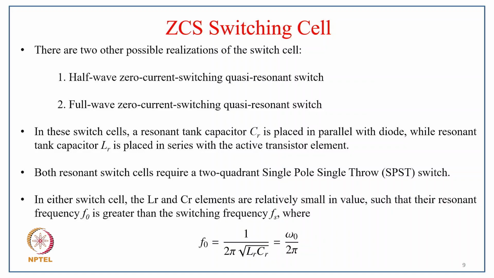Both resonant switch cells require a two-quadrant single pole, single throw switch, and in either switch cell, the LR and CR elements, the resonating elements, are relatively small in value, such that their resonant frequency F0 is greater than the switching frequency Fs, where F0 equals 1 upon 2 pi root LR CR, or omega 0 upon 2 pi.